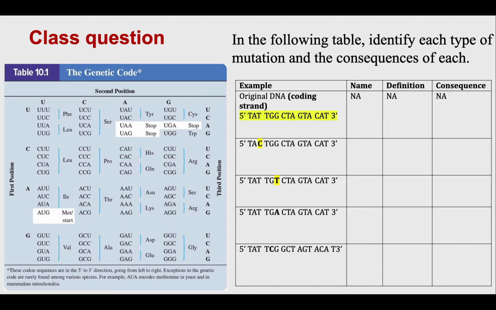And then this last one should be a fairly easy one to interpret. You don't even have to look at the mutation per se, but we know it's added in something. So what kind of mutation? Frame shift, yes. So we can go back and work through this, but all the answers should be silent, missense, nonsense, or frame shift. I will not make it this confusing on the exam.